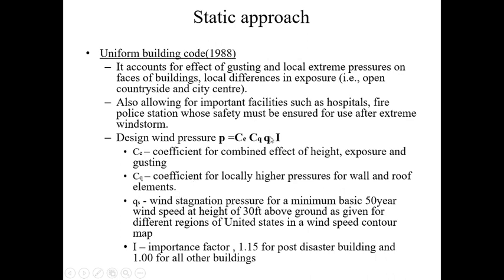Now qs is the wind stagnation pressure, which is considered for a period of about 50 years. What is the average wind speed considered there? Say for a building of 30 feet height above the ground. There will be a map wherein it will be mentioned what the qs value is for different states and different regions.